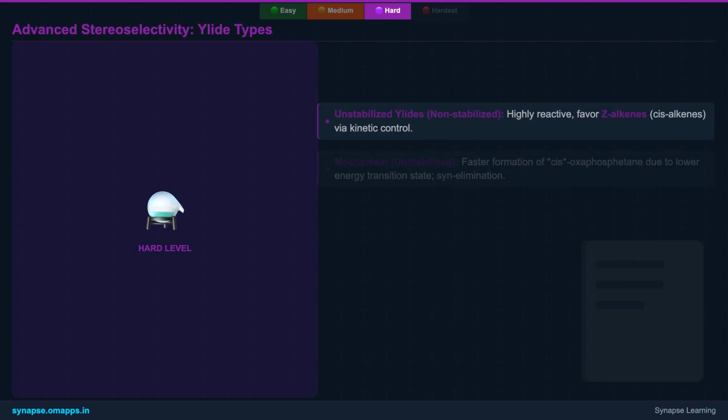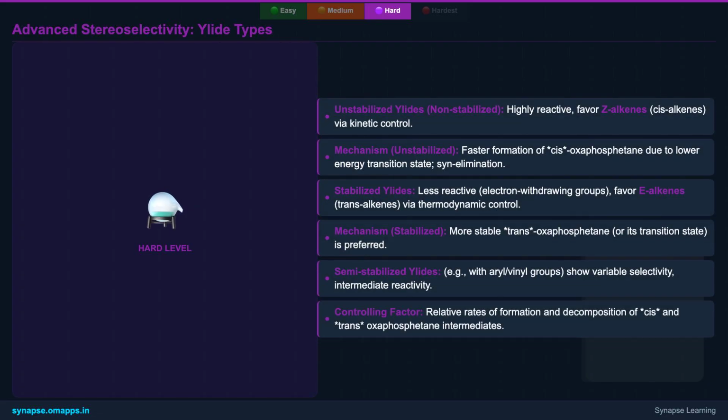The stereoselectivity of the Wittig reaction is a critical factor in synthesizing specific alkene isomers. Unstabilized ylides, characterized by their high reactivity, tend to kinetically favor the formation of Z-alkenes. This preference arises from a lower energy transition state leading to the cis oxaphosphetane intermediate, which then undergoes a syn elimination.